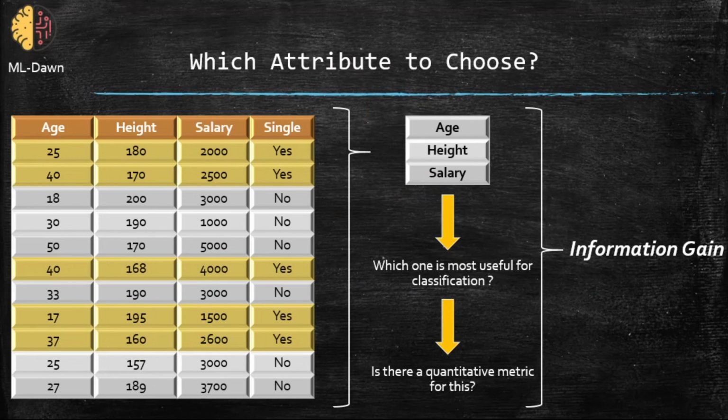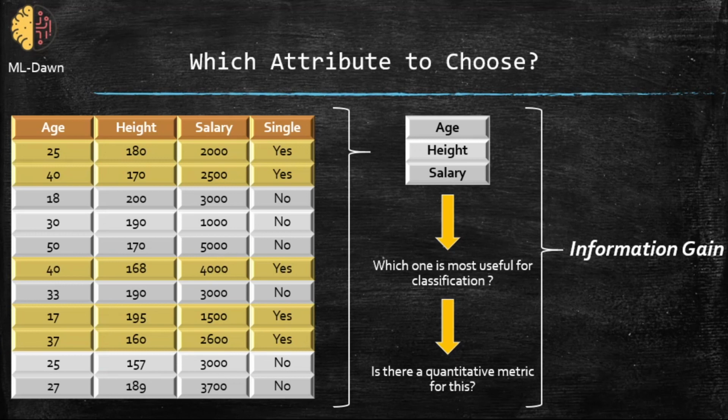So this is our familiar dataset. Again, we've got age, height, and salary of different people. The target feature that we want to learn to predict is: if we know the age, height, and salary of a person, could we predict whether they're single or not, meaning whether they're in a relationship or not. So we've got three attributes here: age, height, and salary.